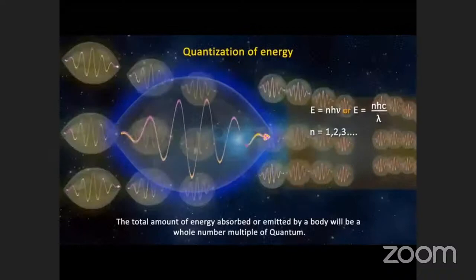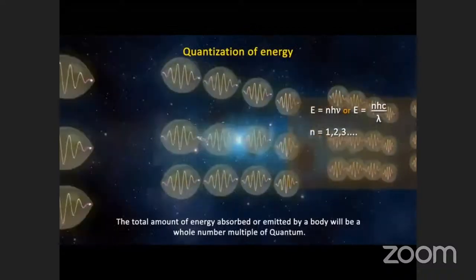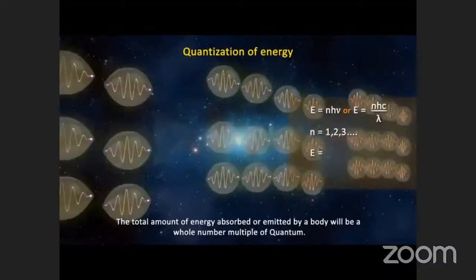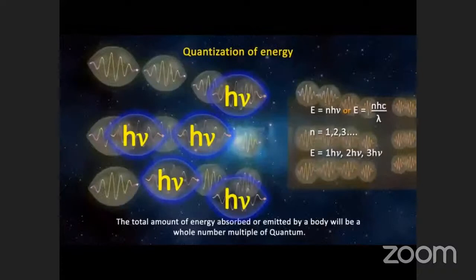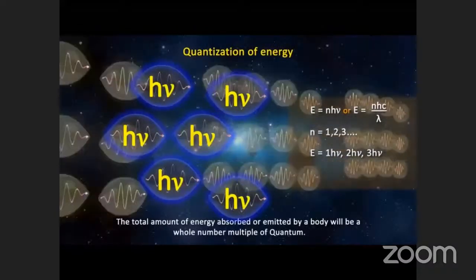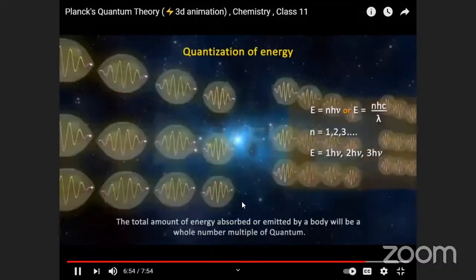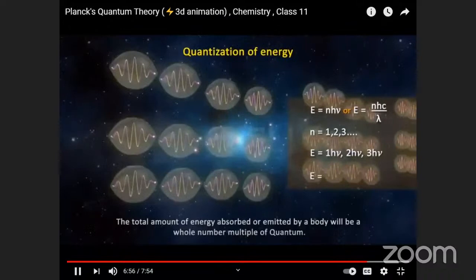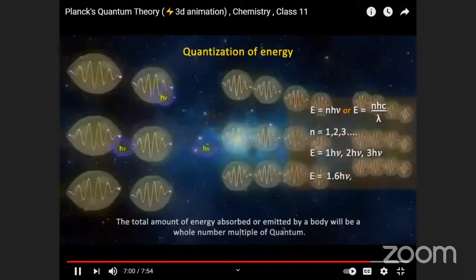This implies that a body can only emit or absorb energy equal to an integral multiple of h nu, such as 1 h nu, 2 h nu, 3 h nu, etc. It cannot emit or absorb energy which is a fractional value of h nu, such as 1.6 h nu or 3.2 h nu.